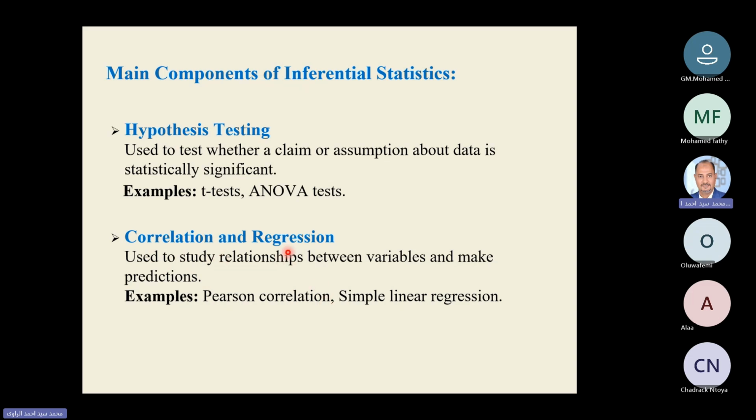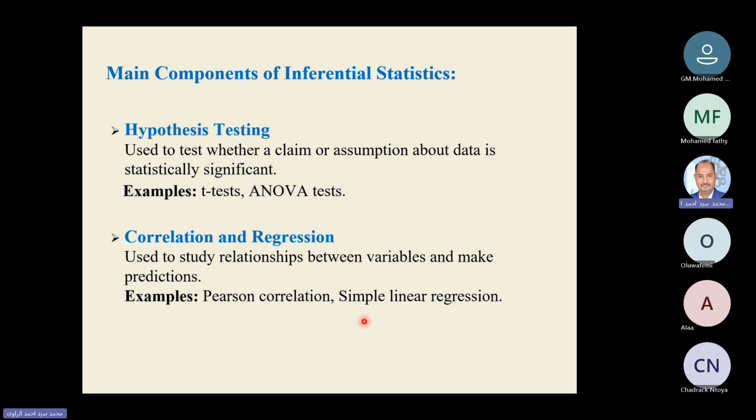Also, we have regression analysis like simple linear regression. In our laboratory work, we call it the least square method. It gives us the equation that we can use to determine the dependent variable when we have the independent variable and the relation between them.